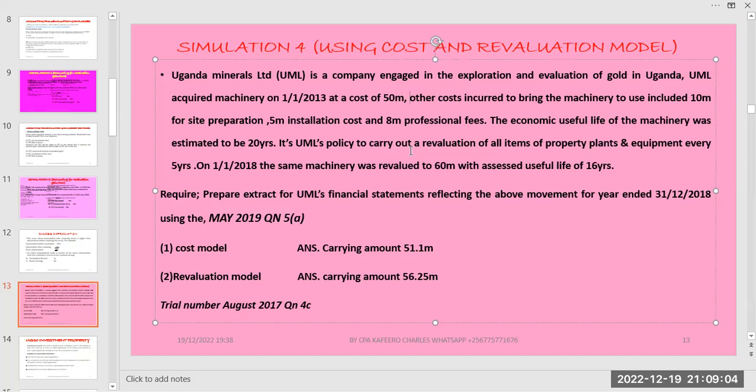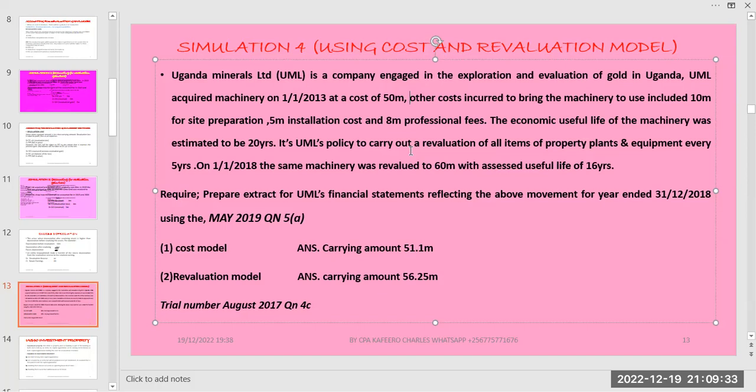They're saying other costs incurred to bring the machinery to use included 10 million for site preparation, 5 million installation costs, and 8 million professional costs. Then the useful life of the machinery was estimated to be 20 years.